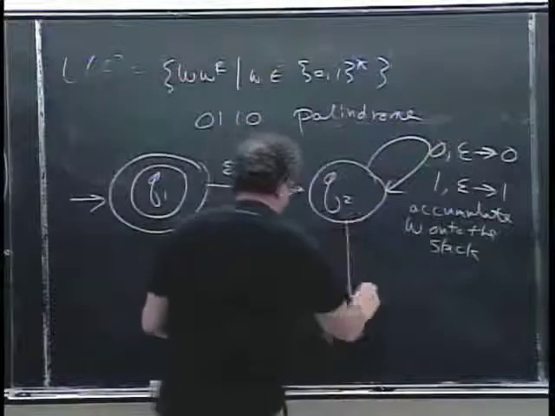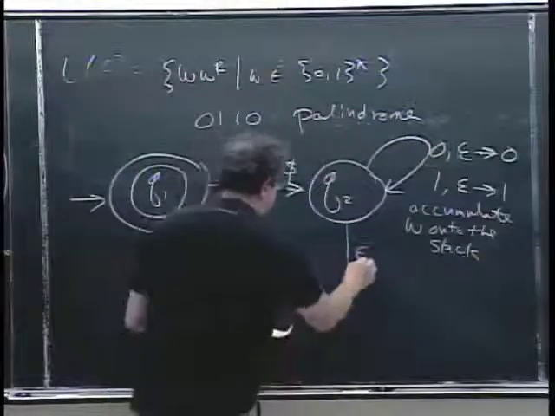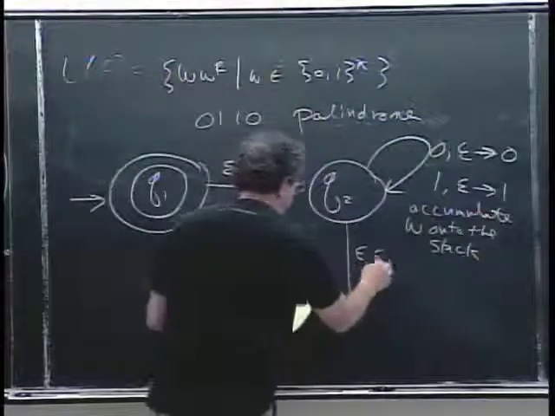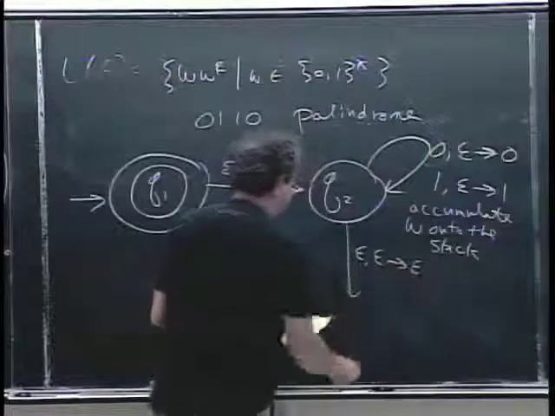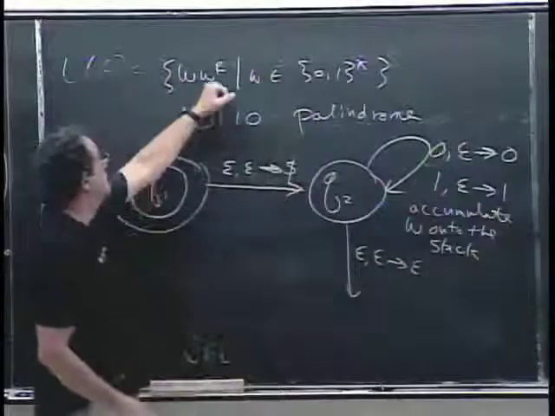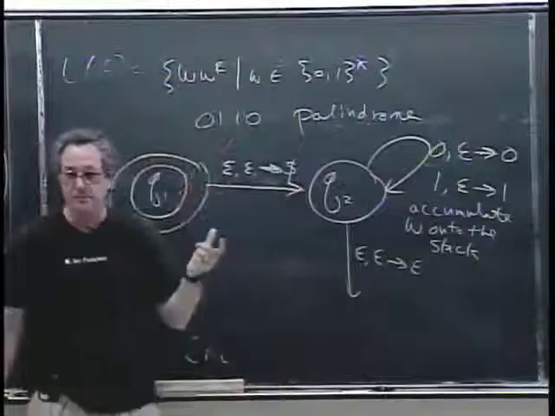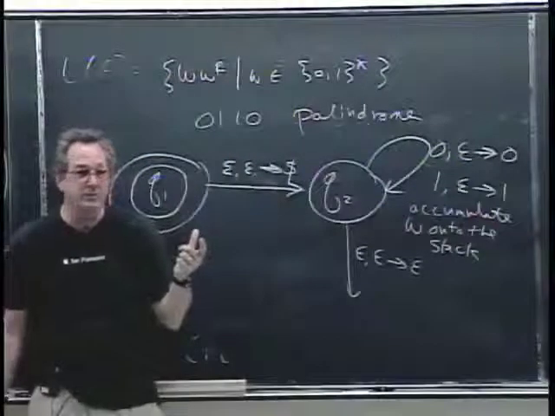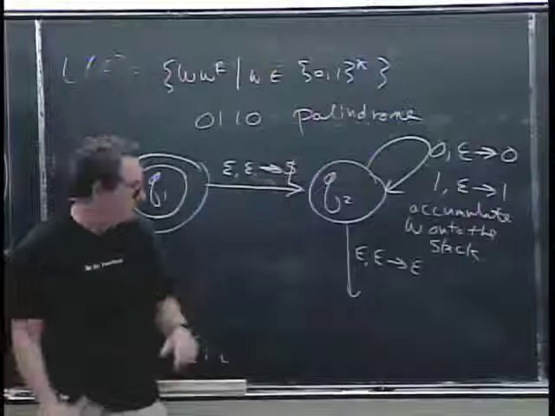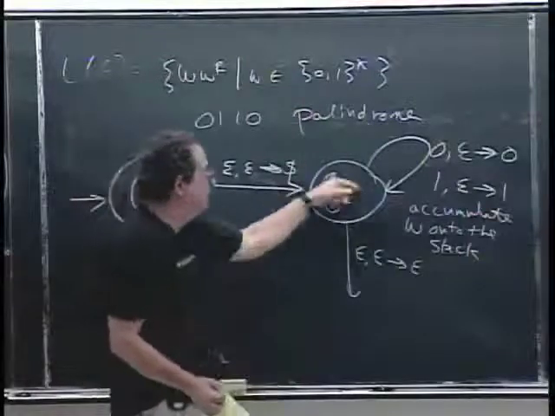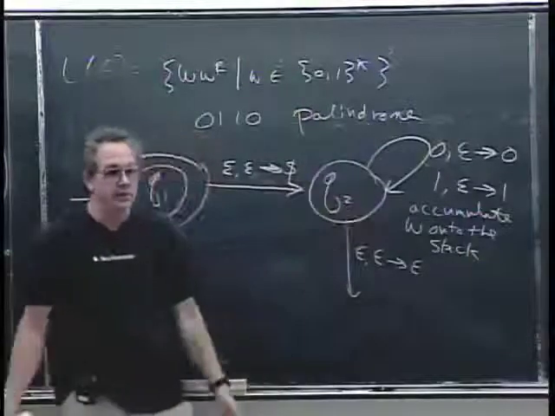And then it's guessing that the right thing to do is to start looking at the rest of the string as W reverse. Okay? Now, how does it know that it's finished with W? It doesn't.